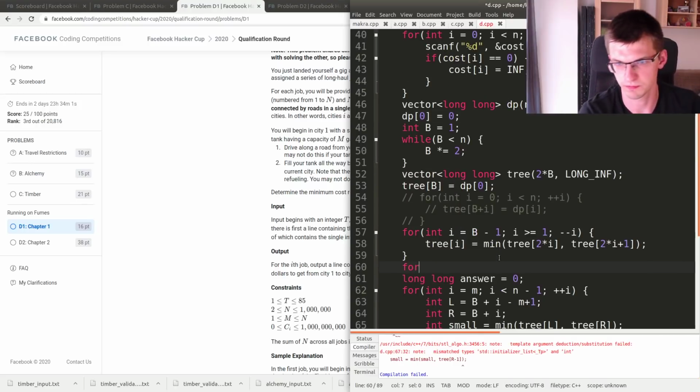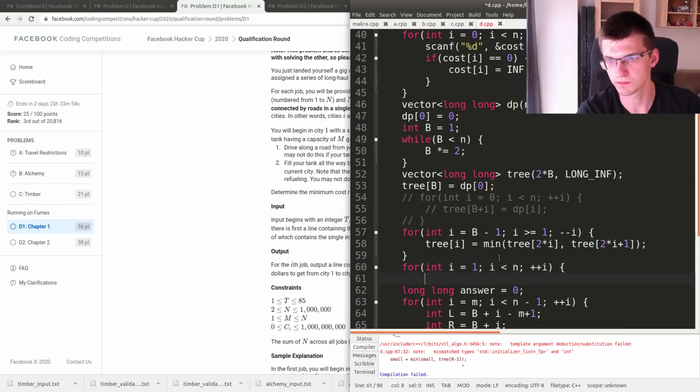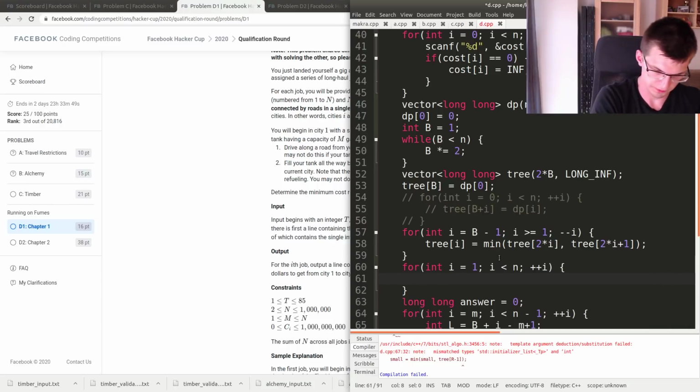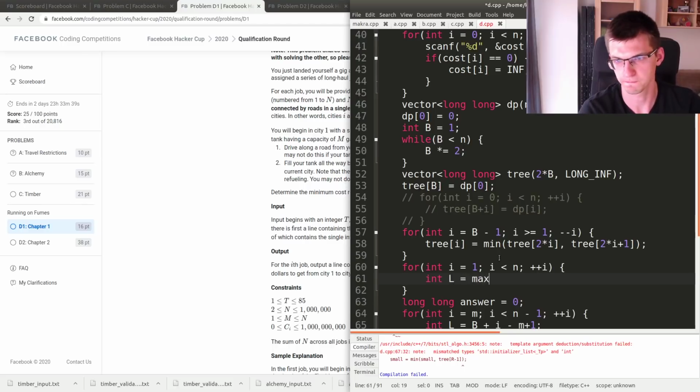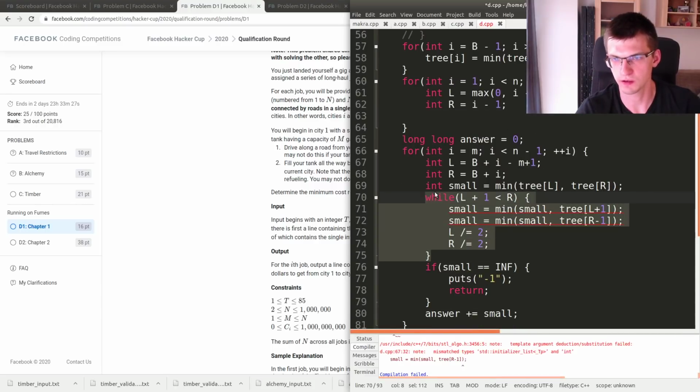And now for every guy, if I want to get there, get here and tank, I need to tank them on previous M stations. Yep. Okay, let's copy this thing.